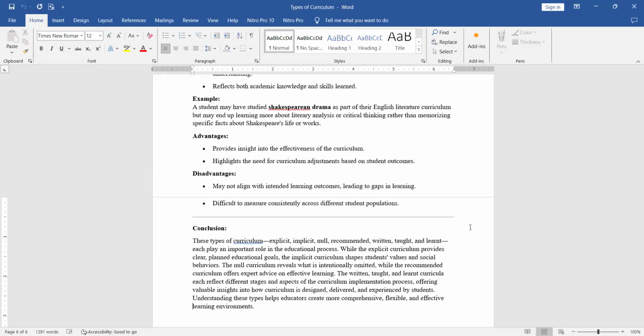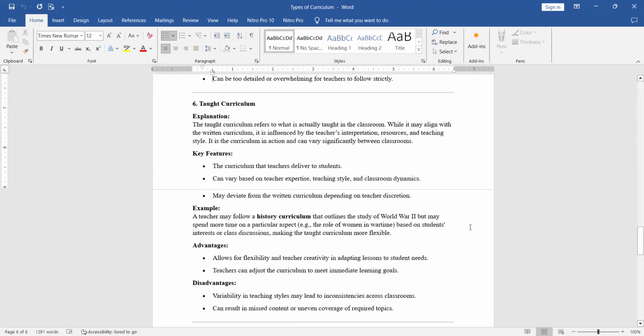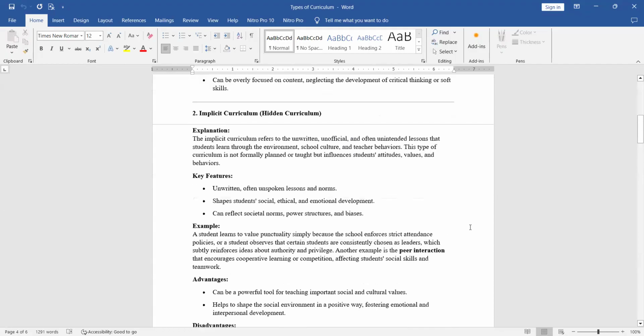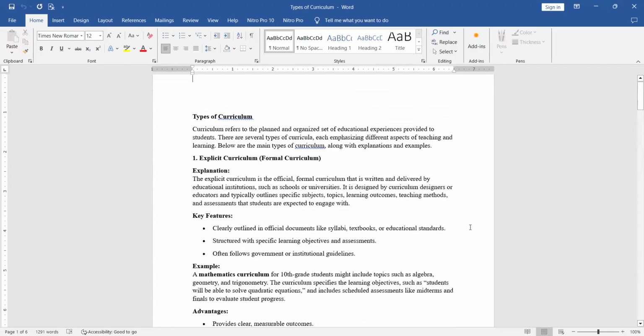So these are the types of curriculums that we discussed today as the second topic of the day. First, I did a recap on the 3 main approaches to curriculum design: forward, central, and backward. Then we discussed types of curriculum, 6 types. Am I right?